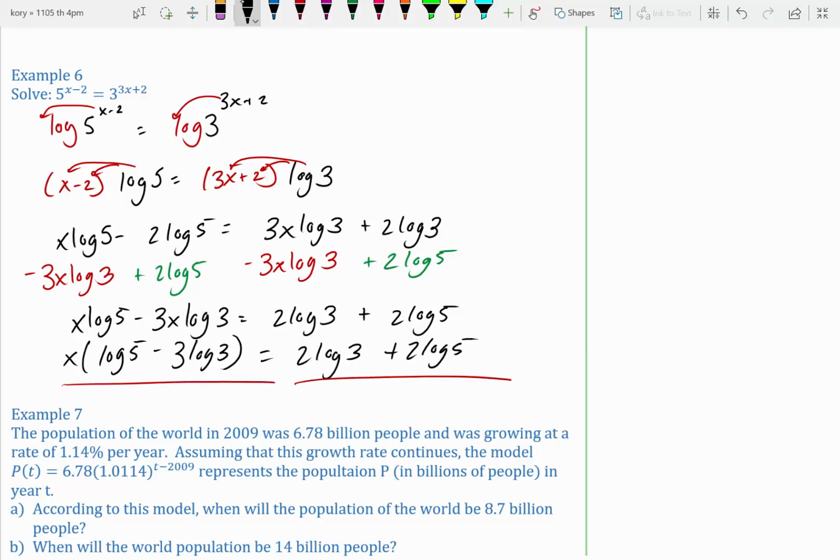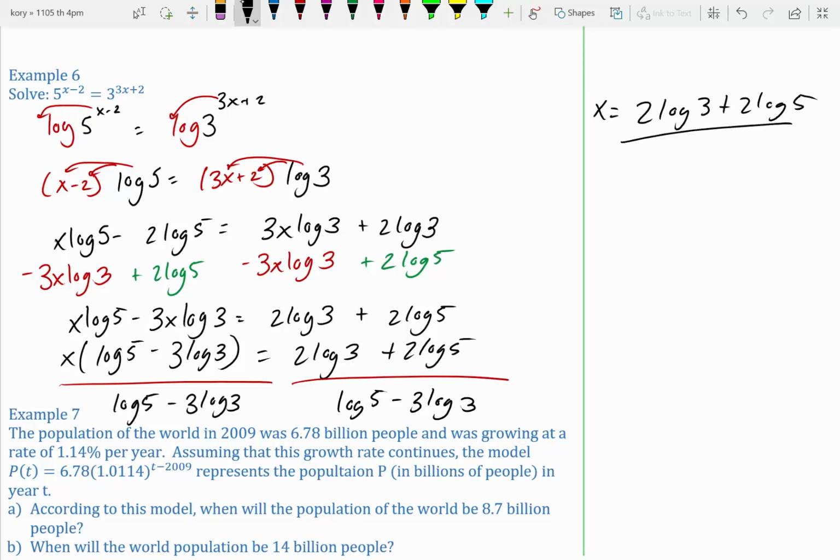So when we divide by log 5 minus 3 log 3, we get x equals 2 log 3 plus 2 log 5 all over log 5 minus 3 log 3.